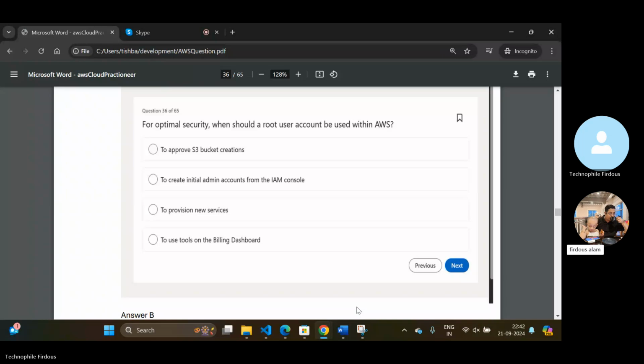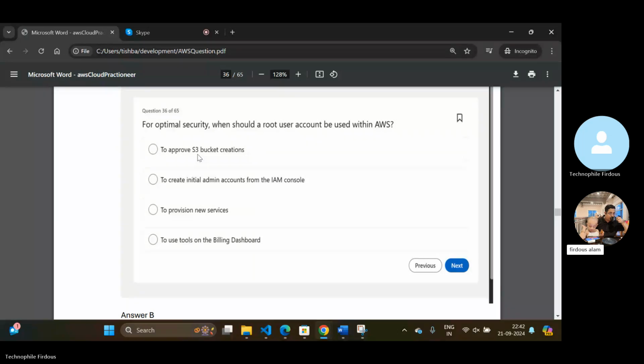Question 36 asks: for optimum security, when should a root user account be used within AWS? Generally, we should not use the root user for any of the work. For that, we create an IAM account and use it through that IAM account.